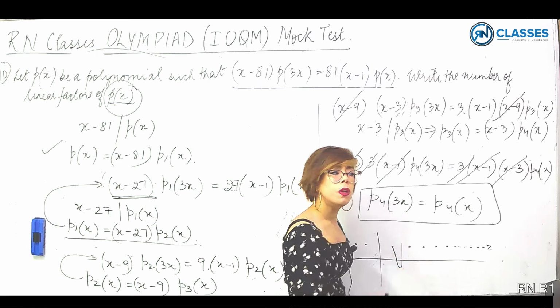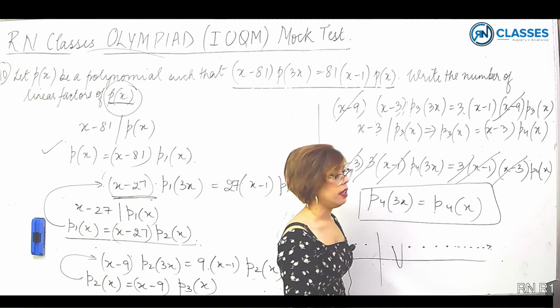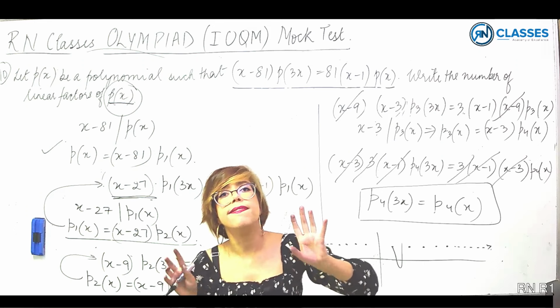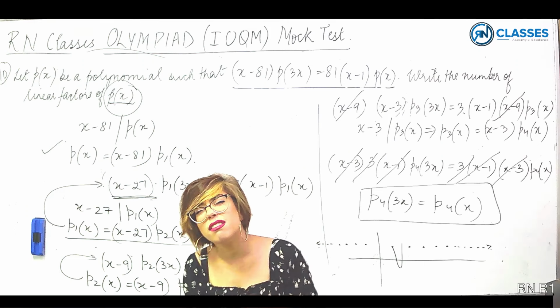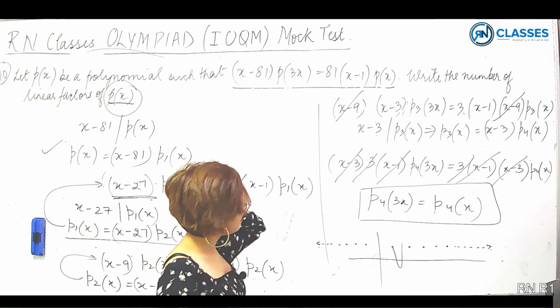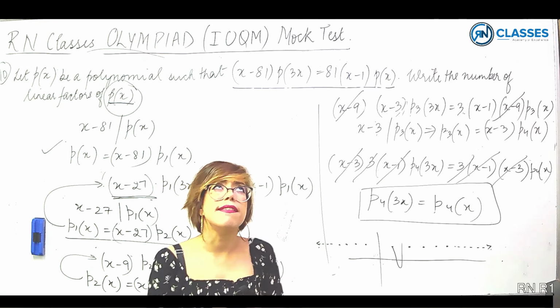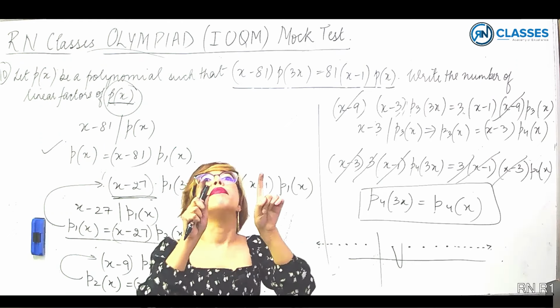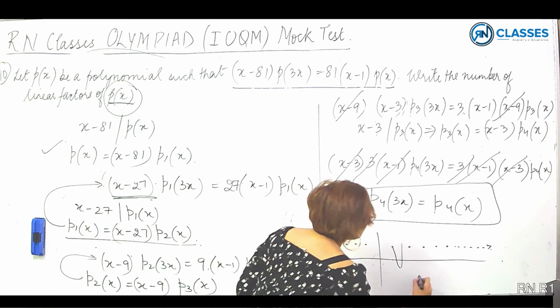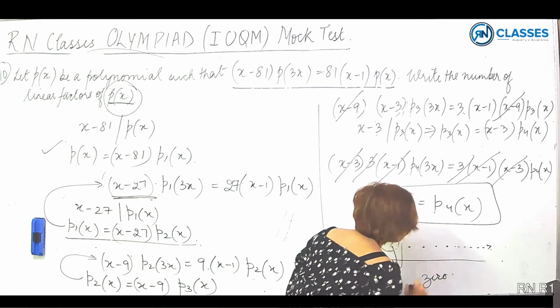If the graph of a polynomial is cutting the x-axis infinite times, how many zeros will it have? Oh, infinite zeros. Now, what is the case when infinite zeros are there? That's only one case, when the polynomial is a zero polynomial.